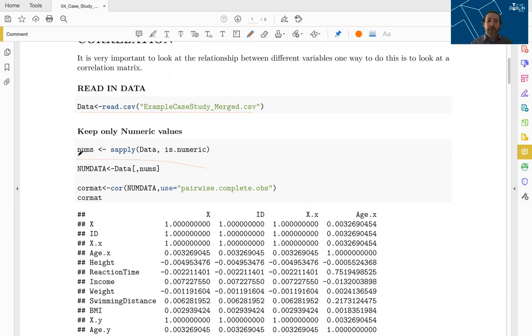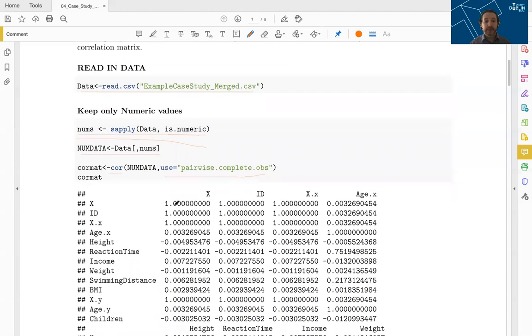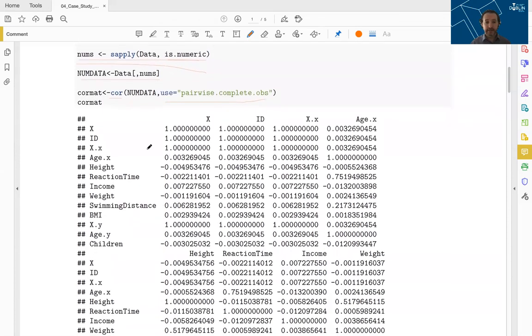So here I use this sapply to only use data that is numeric. So that's only numbered data. Okay, and then this is it. That's it. Corr is a command, and use pairwise complete observations takes care of NAs, and it creates this list.